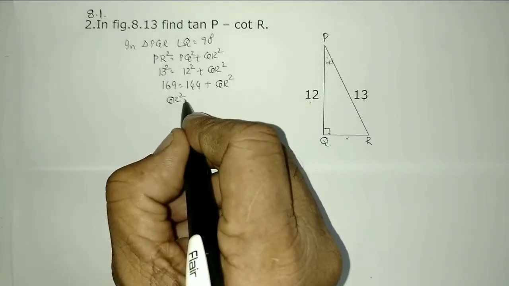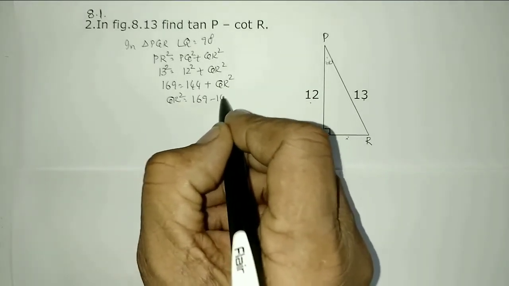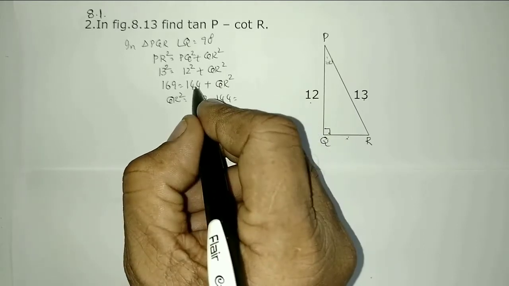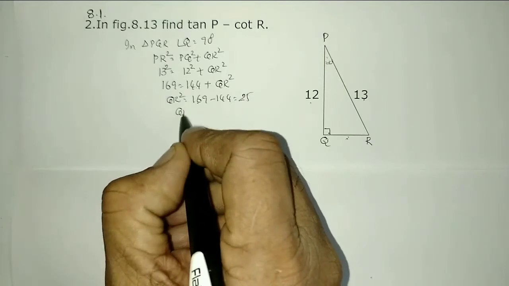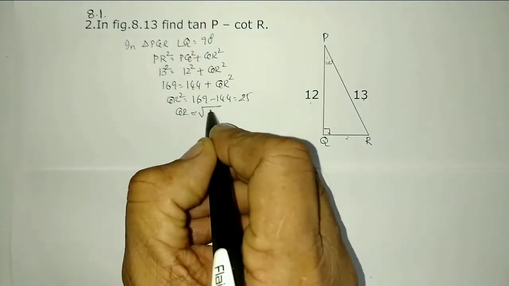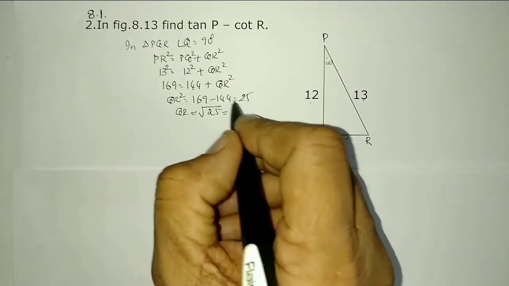QR square equal to what? 169 minus 144, equal to 25. QR equal to root 25, square root 25, 5.